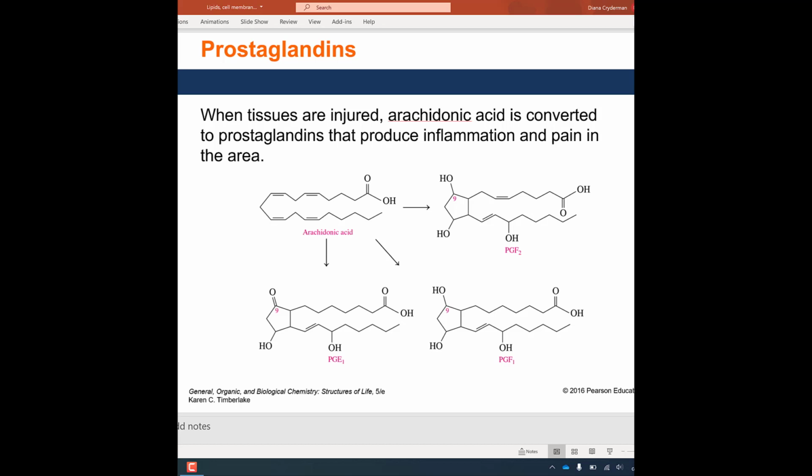Okay, so I'm just going to really quickly label our carbons so you know where we're at. So carbon 1, 2, 3, 4, 5, 6, 7, 8, 9, 10, 11, 12, 13, 14.